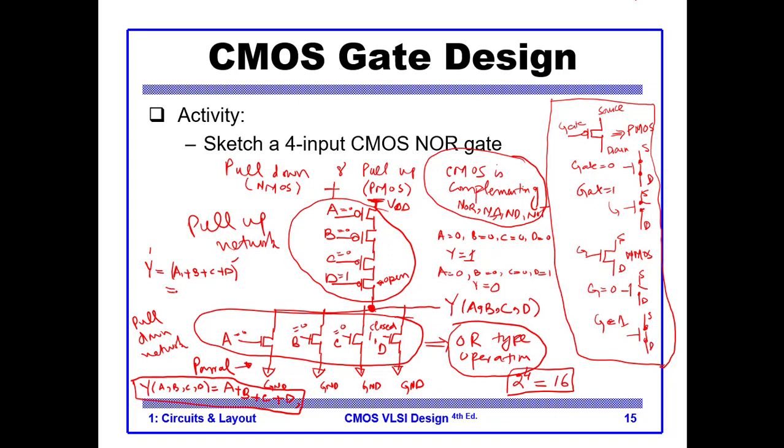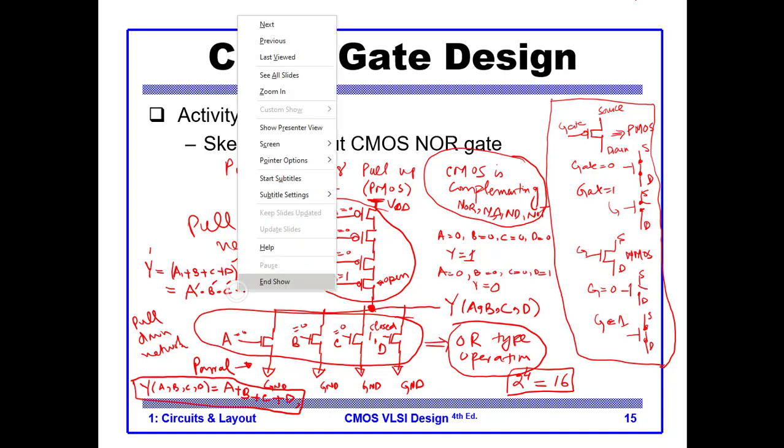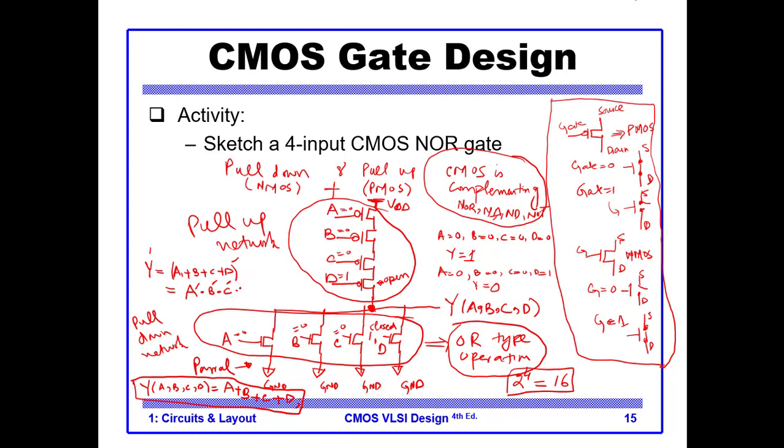Which means if I apply De Morgan's law, it is A bar, the OR will be converted to AND, B bar, C bar, and D bar. So you see that this is the circuit.